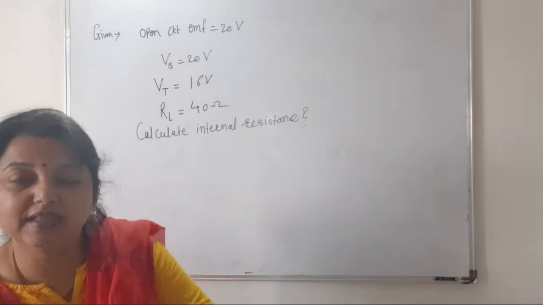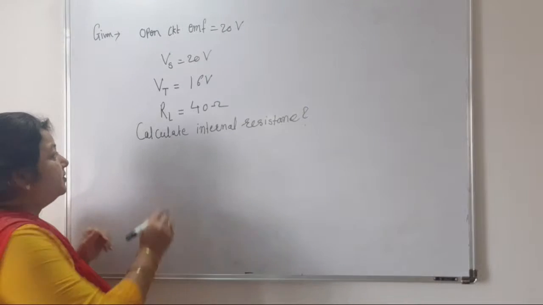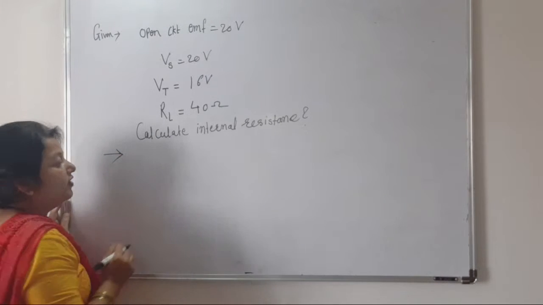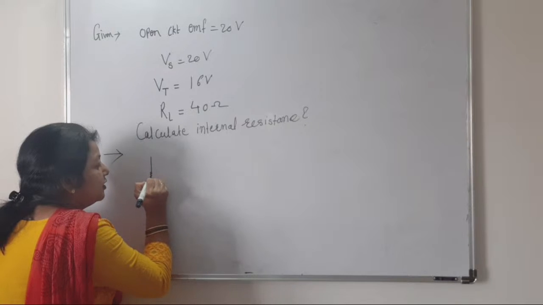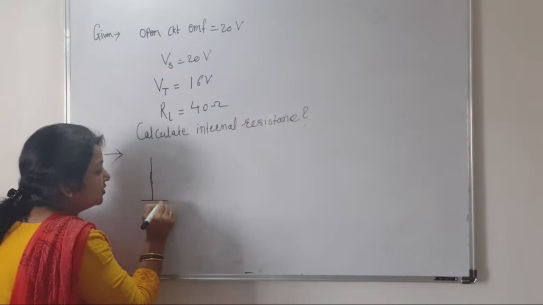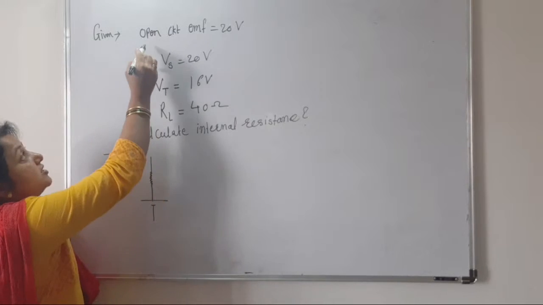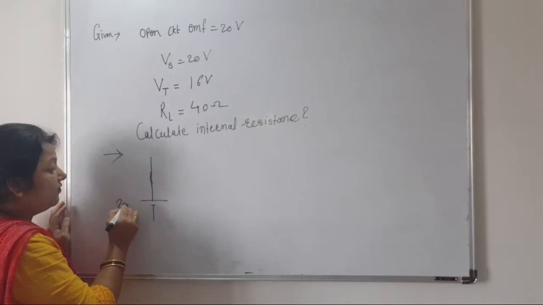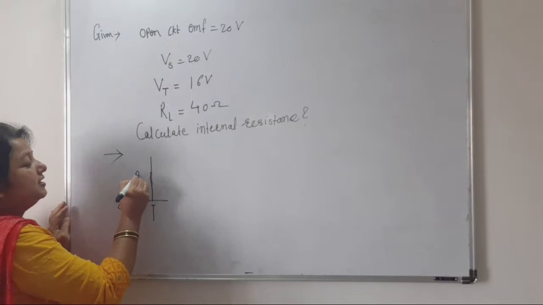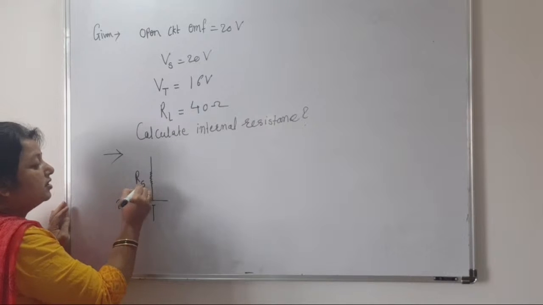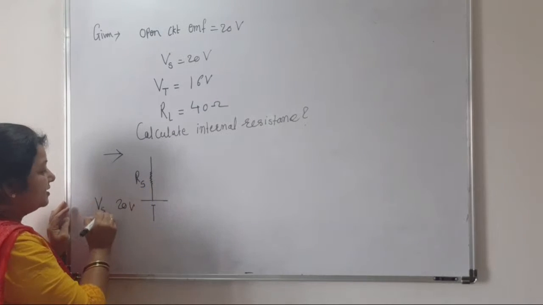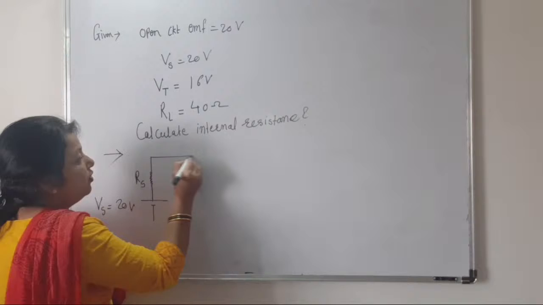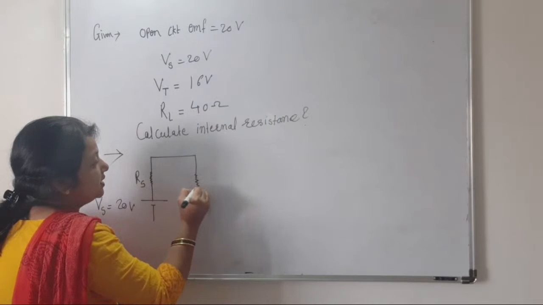Now from this, if the diagram is not given, we first try to draw the diagram. Here Vs, the open circuit EMF, is given as 20 volt. Let us call the internal resistance the source resistance. Here this Vs is equal to 20 volt. Load resistance is given.